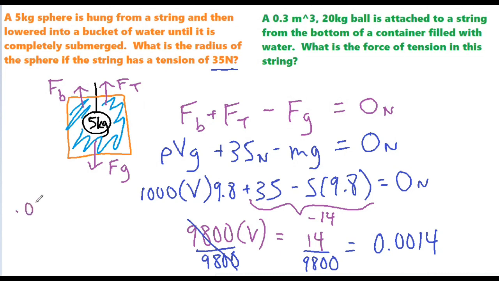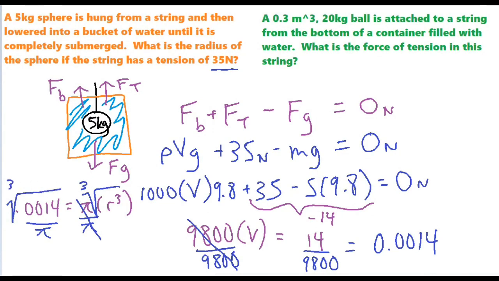So we have 0.0014 equal to 4/3 pi r cubed, the volume of a sphere, and then we do a quick algebra step or two, divide each side by pi, and then we are going to cube root this final value, and then we get a final radius of 0.076 meters.